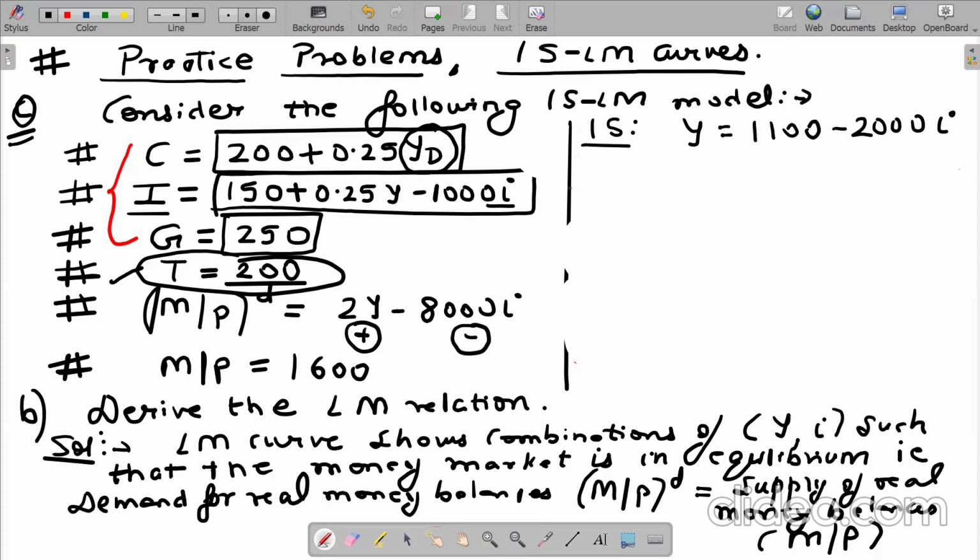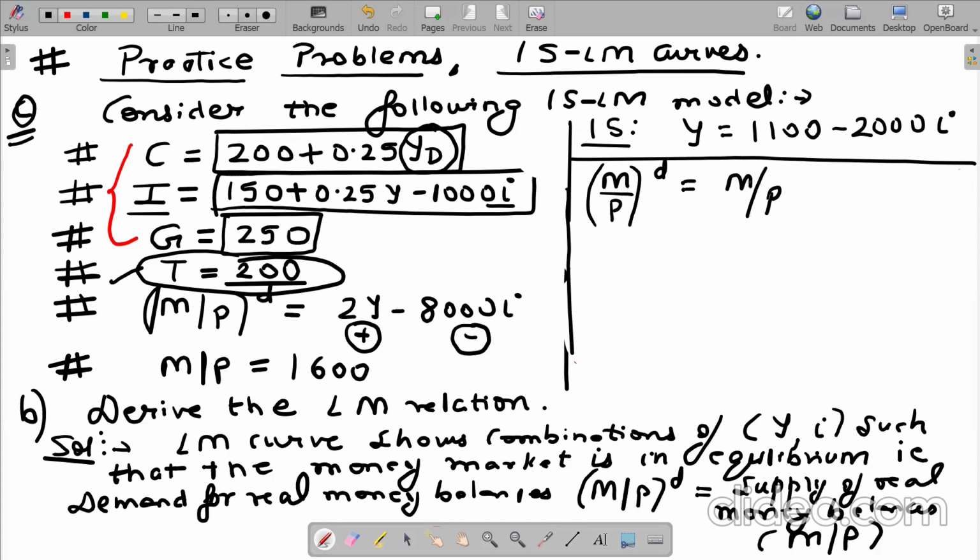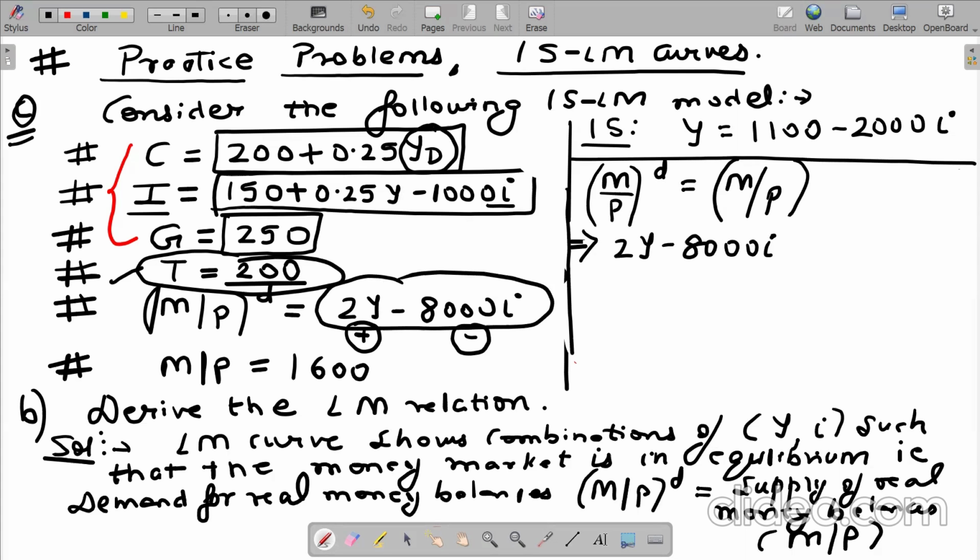So mathematically, the working for LM is M by P D equal to M by P. M by P D is the demand for real money balances. M by P is the supply of real money balances. How much is M by P D? 2y minus 8000i. And how much is M by P? 1600.